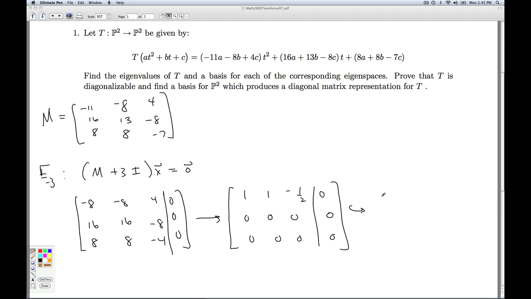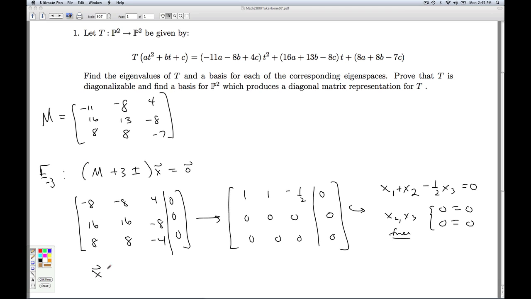So as before, if I take this out of the matrix, I've got x1 plus x2 minus a half x3 is 0, and then the last two equations come out as 0 equals 0 and 0 equals 0. This tells me that x2 and x3 are free, which is what I want. I want two free variables because lambda equals negative 3 was an eigenvalue of algebraic multiplicity 2.